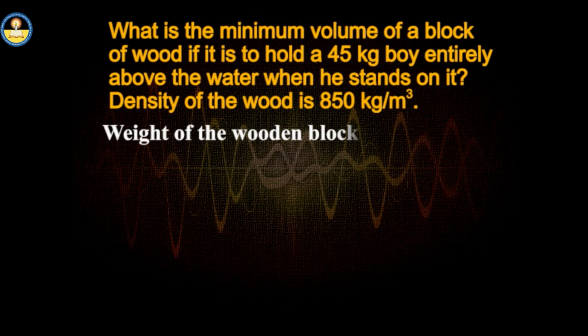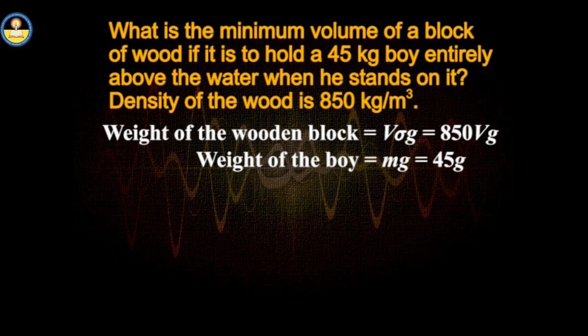Weight of the wooden block is equal to the product of its volume, density and acceleration due to gravity. Weight of the boy is 45 g and the upthrust, that is the weight of the displaced water, is equal to the product of the volume of the wooden block, density of water and acceleration due to gravity.